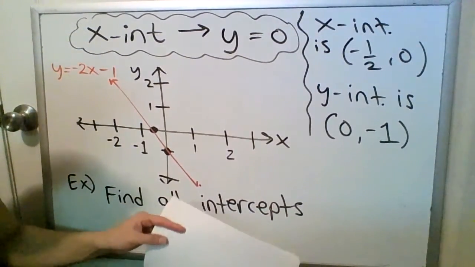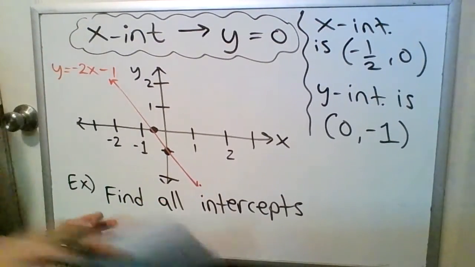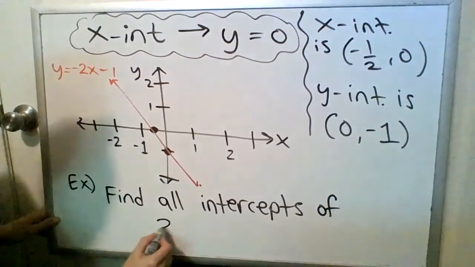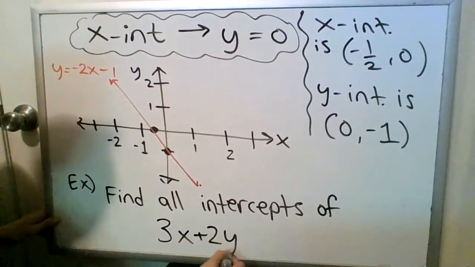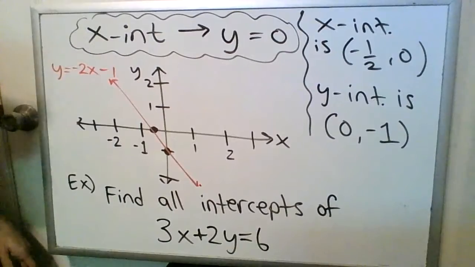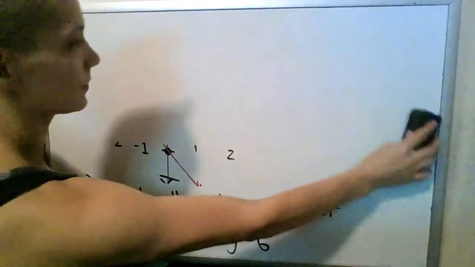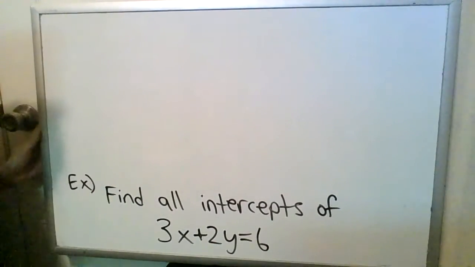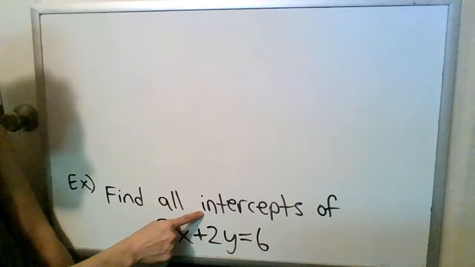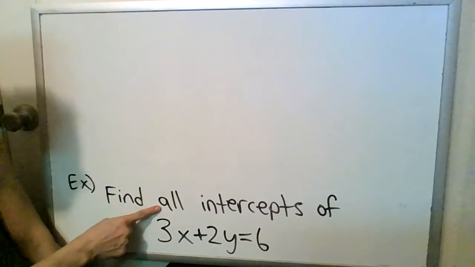Or 3x plus 2y equal to 6. I also forgot to mention that an intercept is a place where the line crosses an axis, and there's an x-axis or a y-axis. So there's only two intercepts to find.